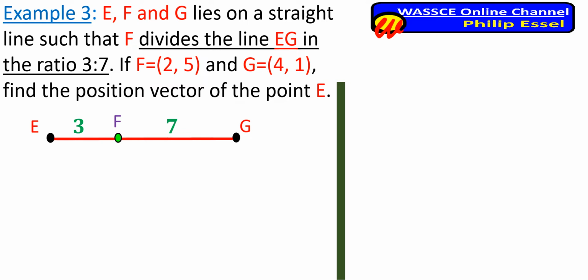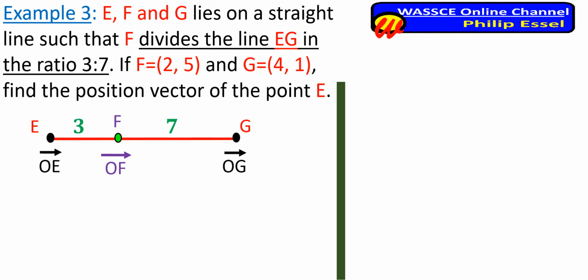Now we know the position vector of E to be the vector OE, the position vector of the point F to be the vector OF, and the position vector of the point G to be the vector OG. From the question, we've been given the point F to be (2, 5).